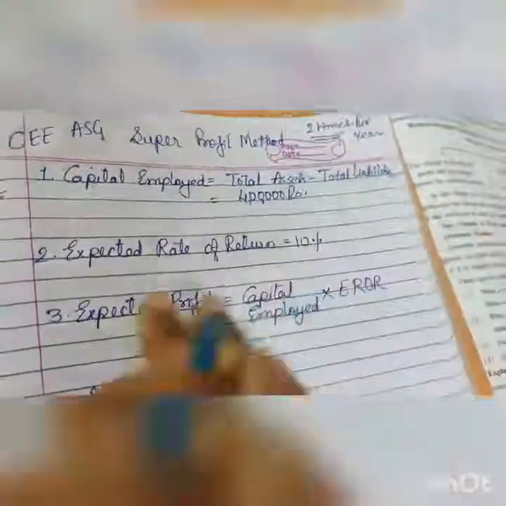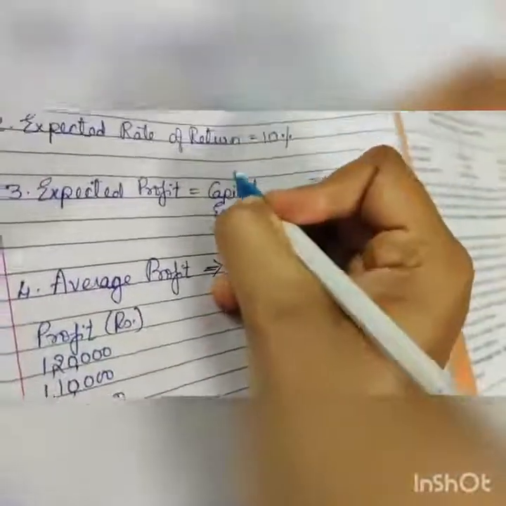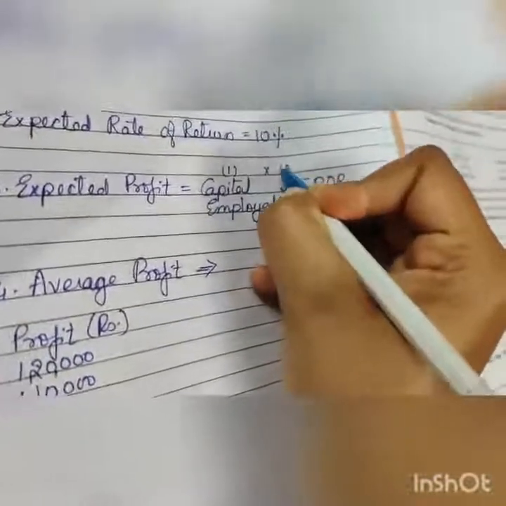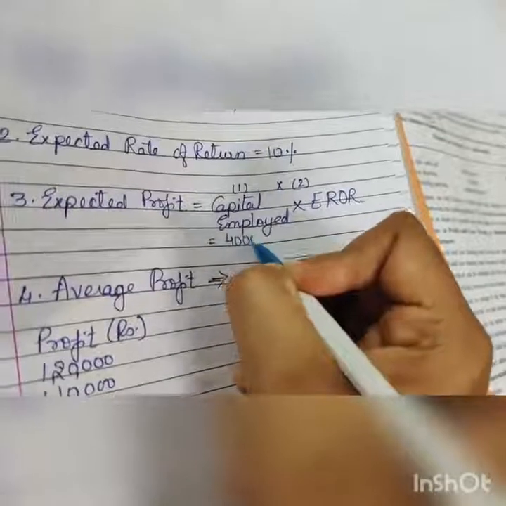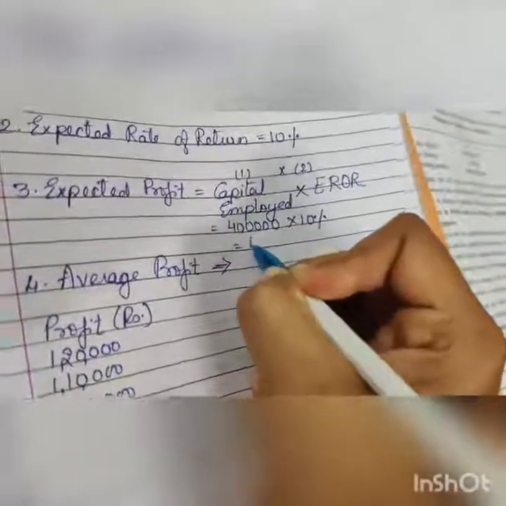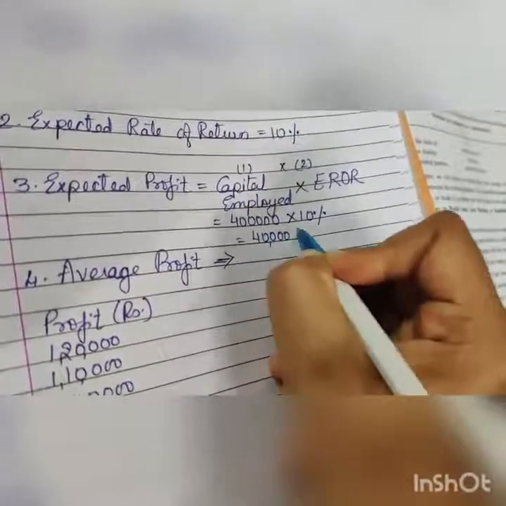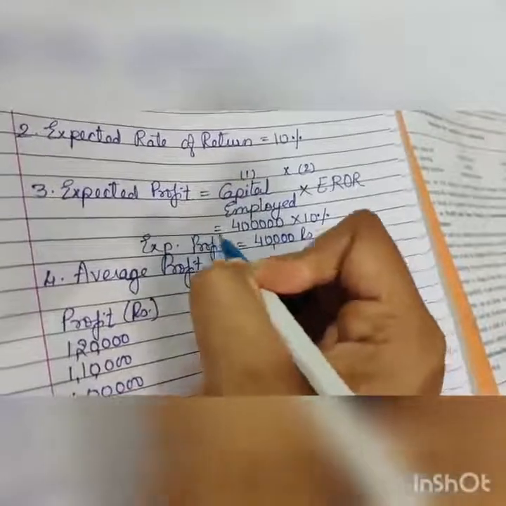Now expected profit: number 1 multiplied by number 2. Capital employed 4 lakh multiplied by 10% comes to 40,000 rupees. So this is your expected profit.